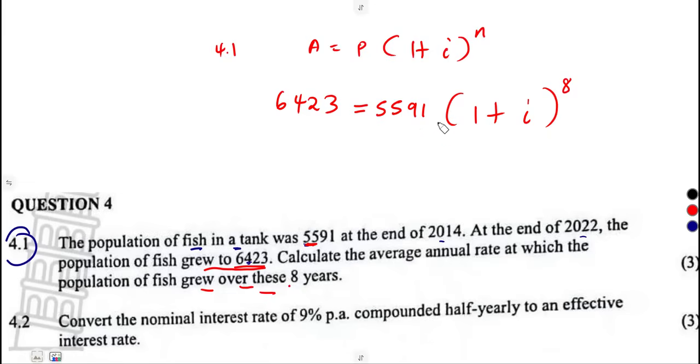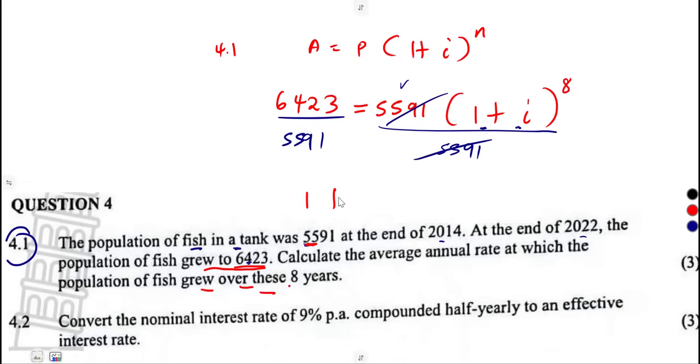Now we are solving. We can get rid of this by dividing by 5,591. It's going to be (1 plus i) to the exponent of 8, which is equal to 6,423 over 5,591.